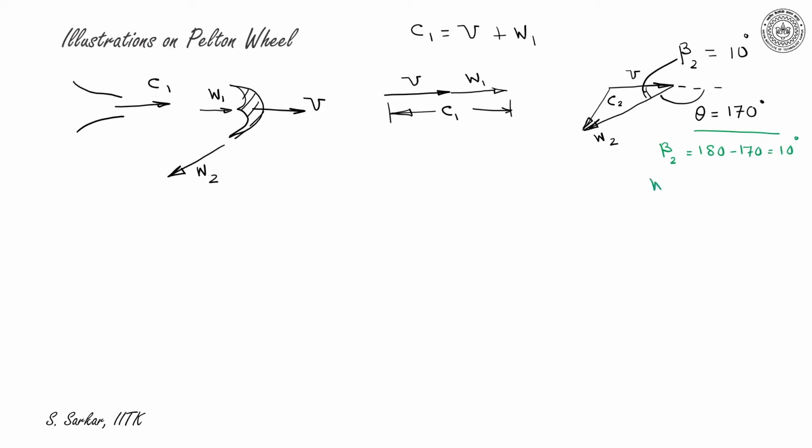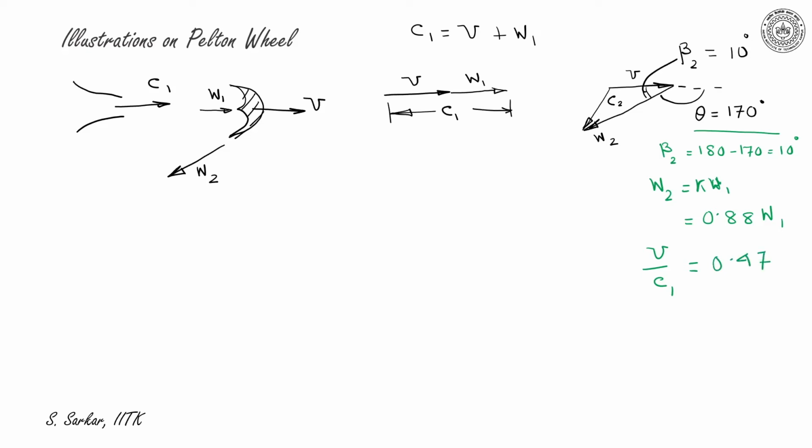W2 would be equal to K into W1, where K is the friction coefficient for the bucket. It is given as 0.88 into W1. Furthermore, U by C1 is stated as 0.47.